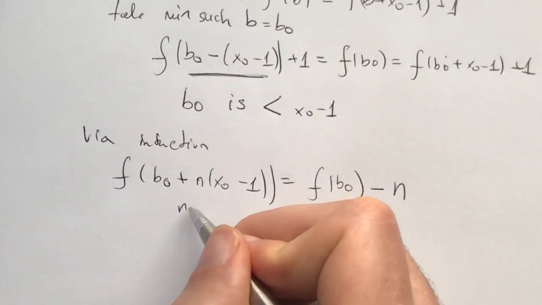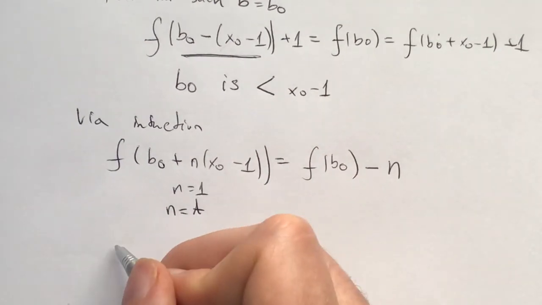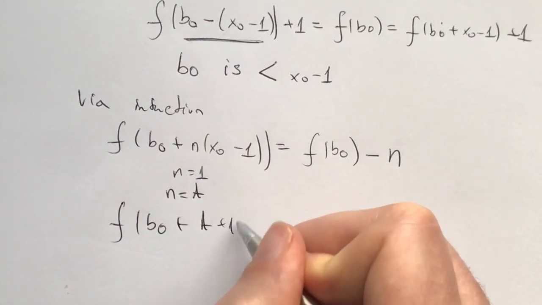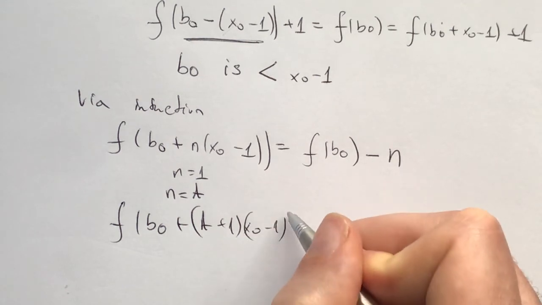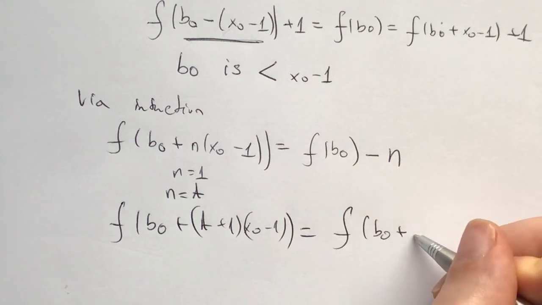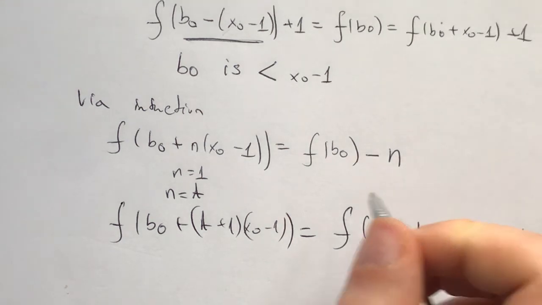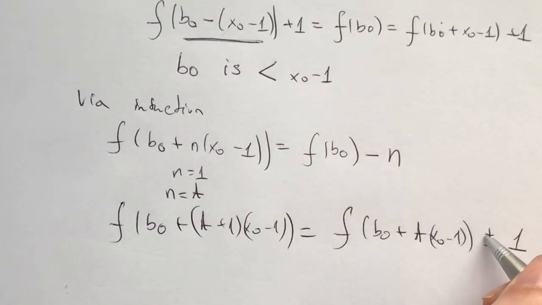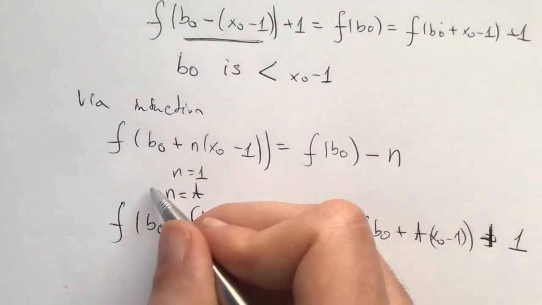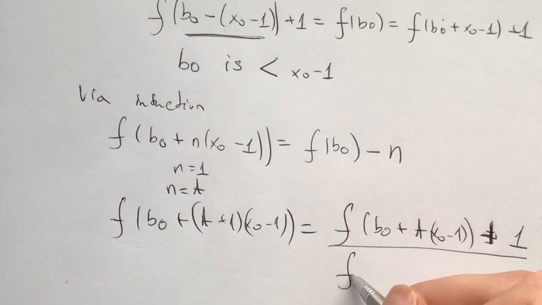It holds for n equals 1. Assume it holds for n equals t. And then for n equals t plus 1, we have f of b0 plus t plus 1 times x0 minus 1 is going to be equal to f of b0 plus t times x0 minus 1, plus or minus 1. If it was plus 1, then this would imply a contradiction because via the inductive hypothesis, this already equals f of b0 plus t minus 1 times x0 minus 1.